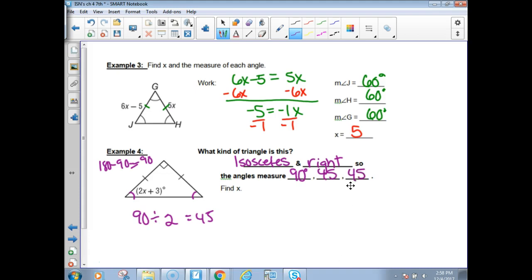Now I'm going to find x by saying 2x plus 3 would equal 45. So I'm going to subtract 3. Get 2 times x is 42, and then divide by 2. So hopefully you've already got x is 21.